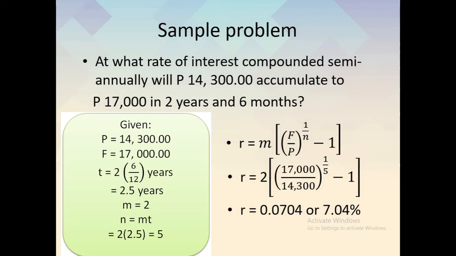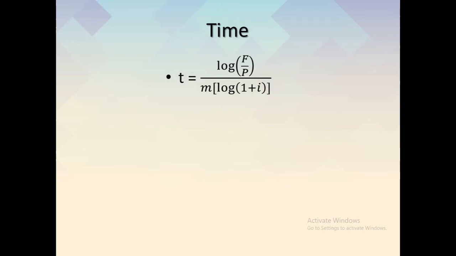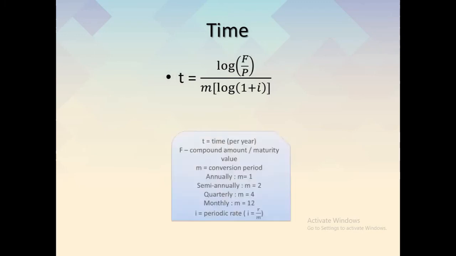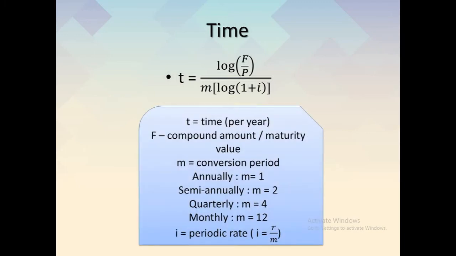Let's now have another formula for time. Time, or t, is equal to logarithm of F over P over m times the bracket logarithm of 1 plus i, where t is time per year, F is the compound amount or maturity value, and m is the conversion period.